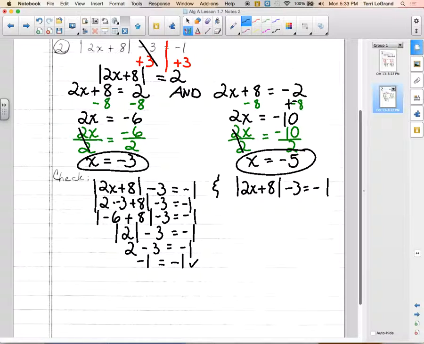Okay, let's do a check problem on the other one. We have a -5 this time to substitute in for x, and then leave everything else just as it was.